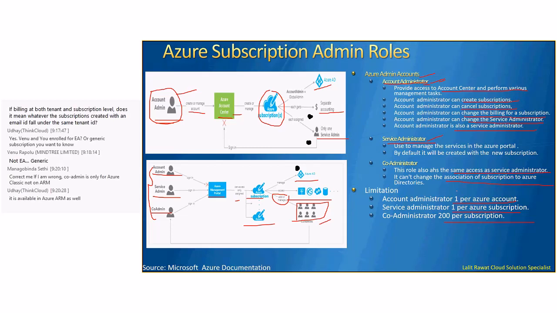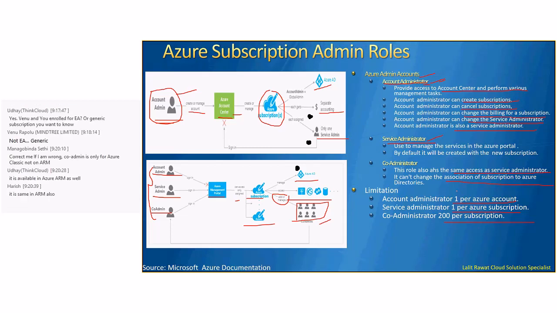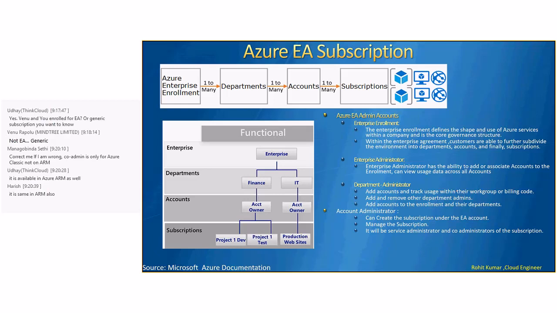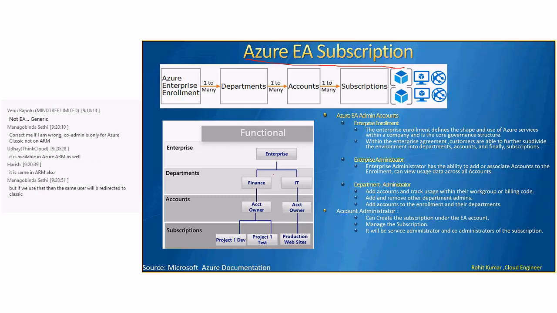Okay, so let's move down to the next slides, and now we are talking about what is Azure EA subscription. Basically, an EA subscription is nothing but an enterprise subscription level where you are segregating things within your enterprise enrollment.